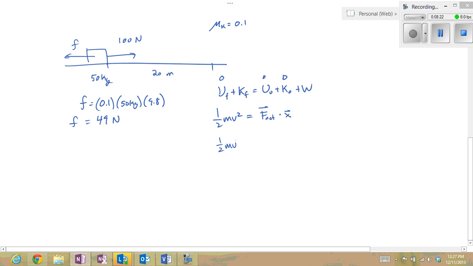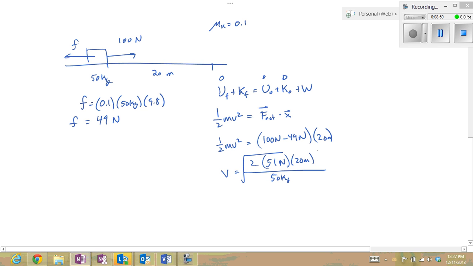So 1/2 mv squared is going to equal the net force, which would be 100 newtons minus 49 newtons times the distance traveled, 20 meters. And I can now solve for velocity. V is going to equal 51 newtons times 20 meters times 2, all divided by 50 kilograms, and the square root of that.